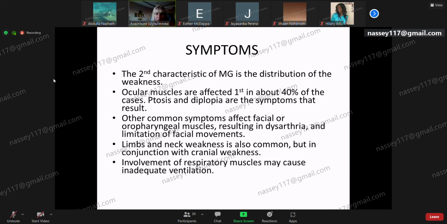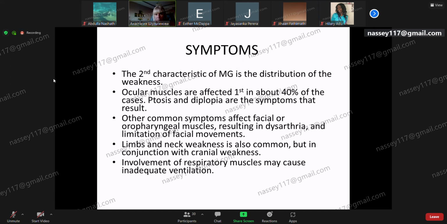Limb and neck weakness is also common, but in conjunction with cranial weakness. Involvement of respiratory muscles may cause a problem with ventilation. In conclusion, we say ocular muscles first, then oropharyngeal muscles, then cranial nerves, bulbar syndrome, dysarthria, dysphonia and dysphagia, then limb and neck weakness, and respiratory disorder.